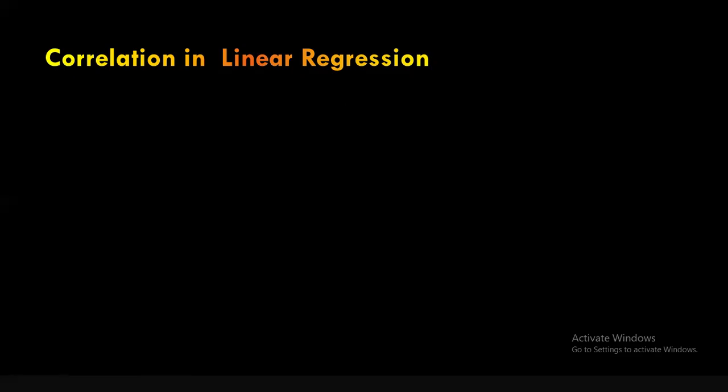It's something like your ECG report. If you see a straight line in your ECG report, what does it say? That means the patient is no more. Using correlation, we can find out the relationship between the two numerical features.